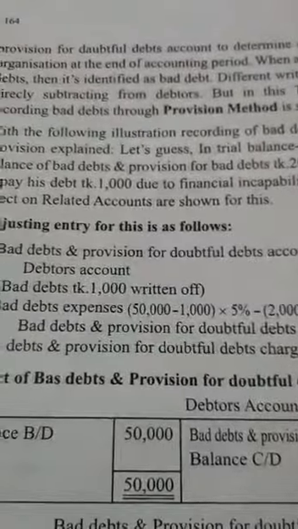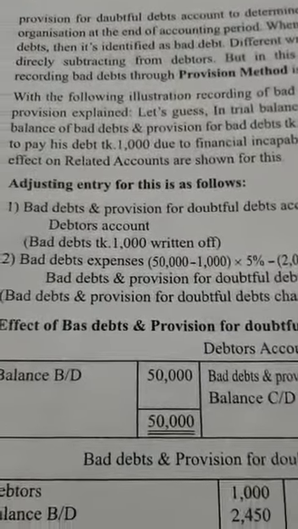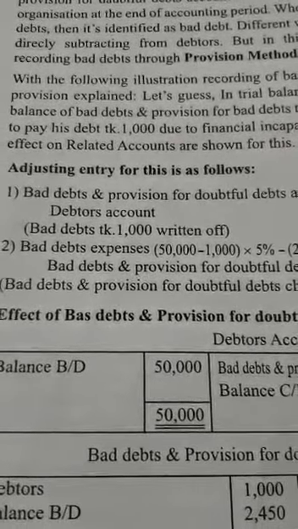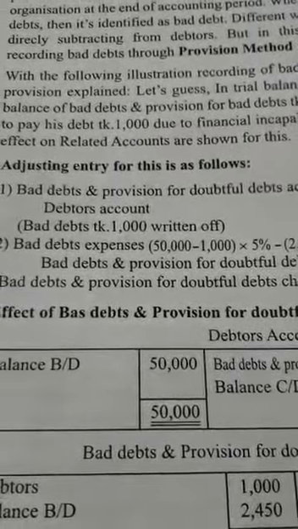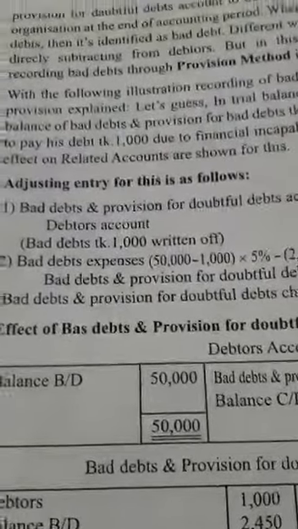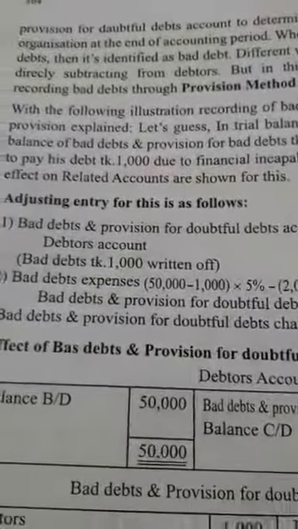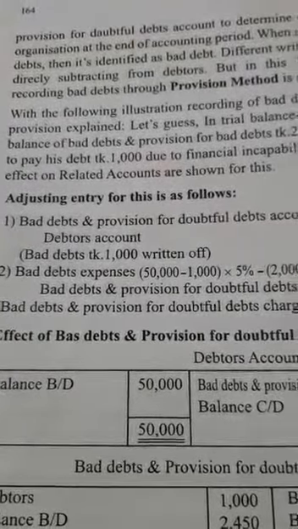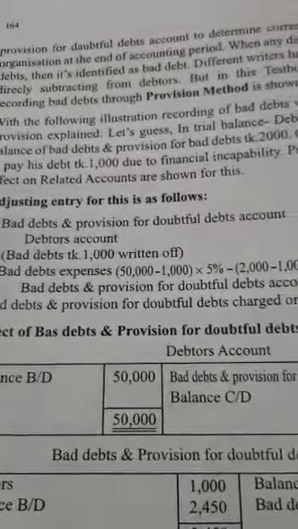Now the most important adjustment for you, that is related to bad debt. Most of you make mistakes in this adjustment, so please listen carefully. Let us take an example.